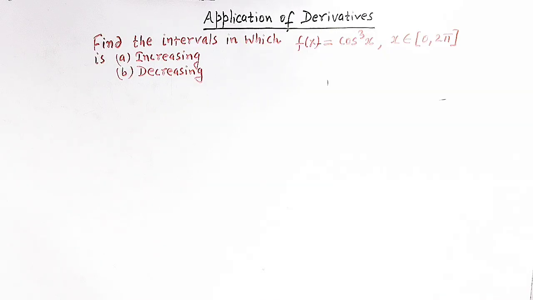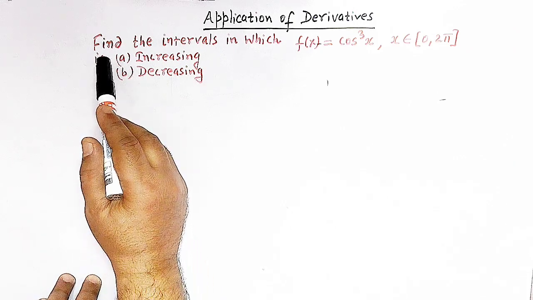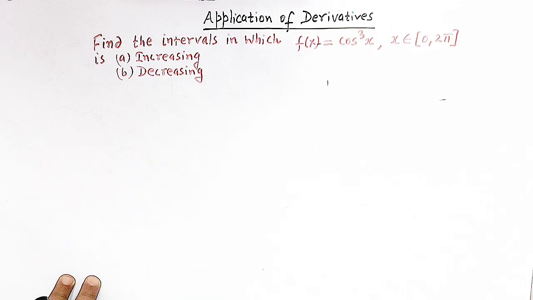Hello viewers, in today's session we are going to discuss another important problem from application of derivatives, and here we are going to discuss this problem related to increasing and decreasing functions.